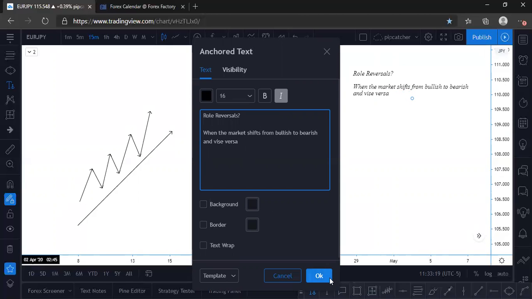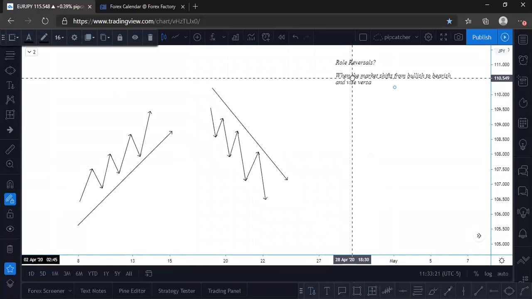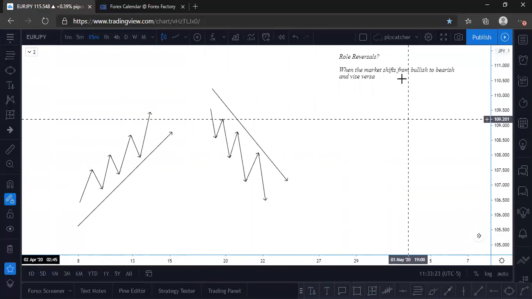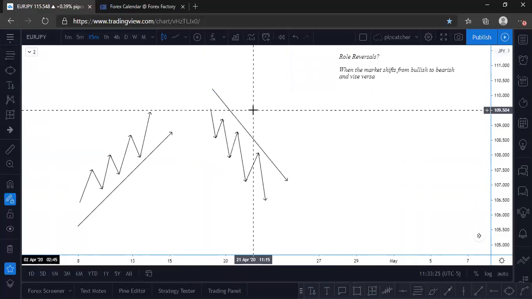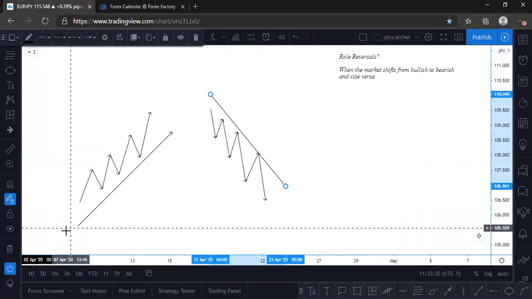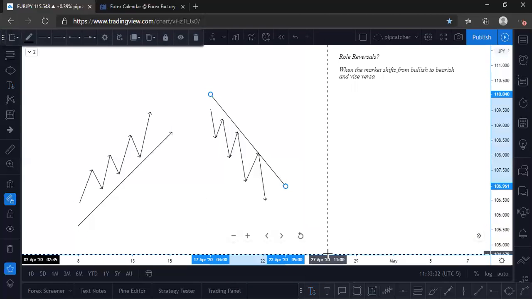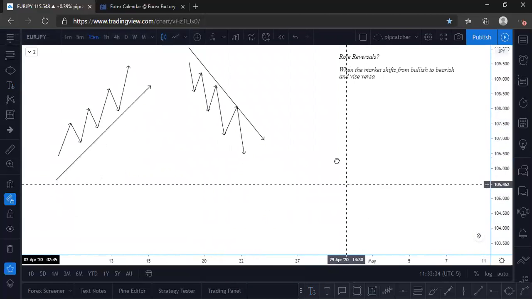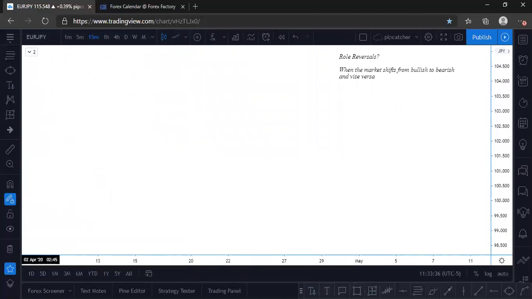Okay. So when I say role reversal, right, we're going to need to identify when we shift from a bullish market to a bearish market. So what I would look for, right?